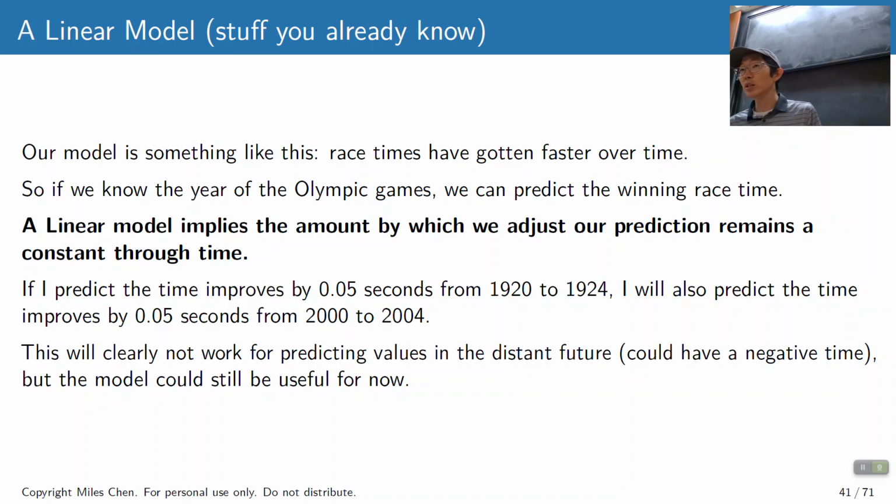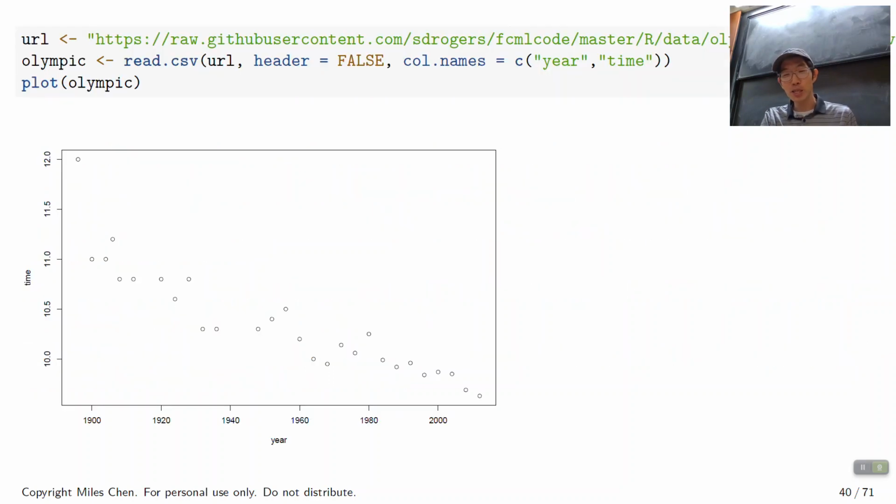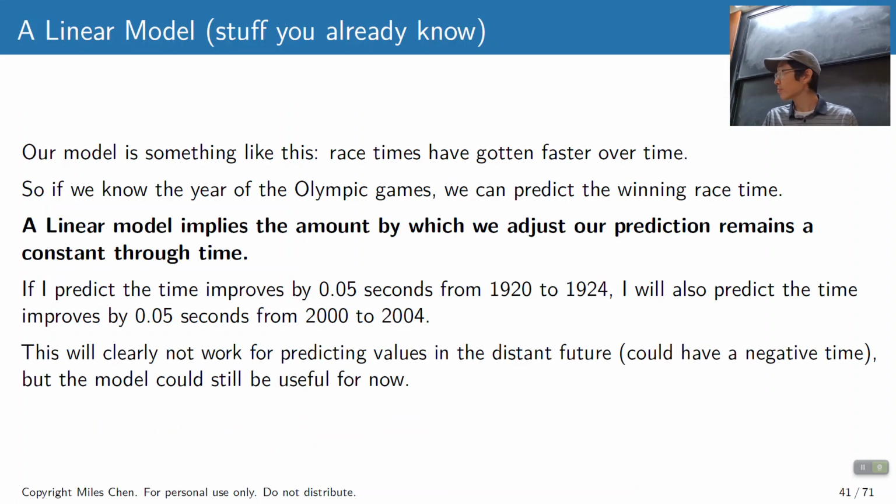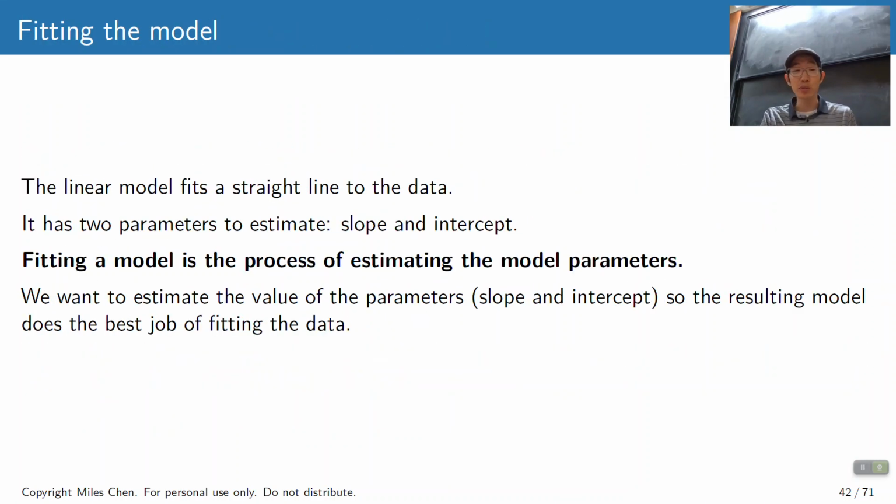We're just saying it's constant over time. This is not going to work for predicting far into the future, because we would end up with negative race times, and that's not possible. But for this span of 100 years or so, it seems reasonable.